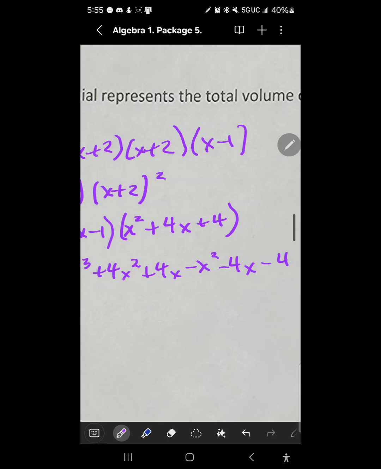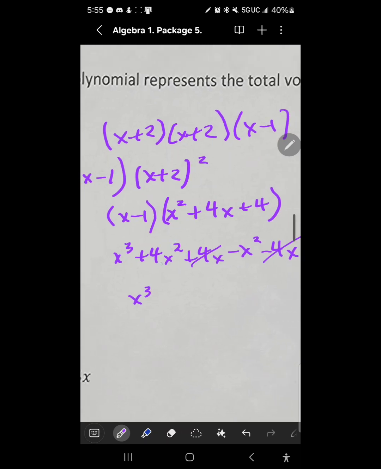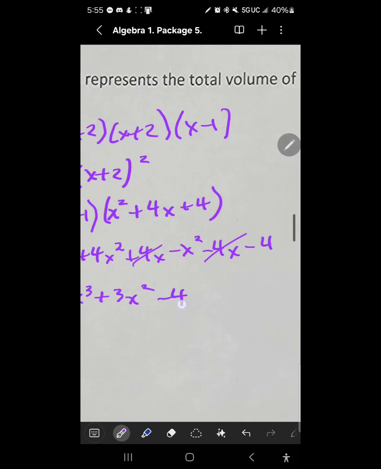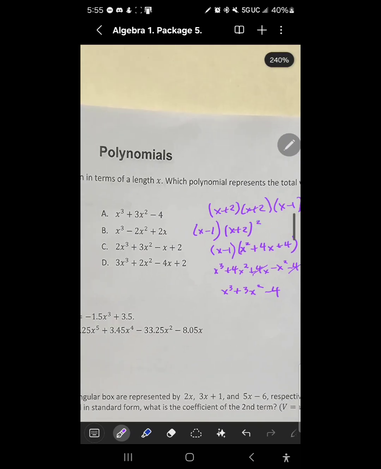So now the 4x terms just cancel out, and I have x cubed. I also have various x squared, so 4 minus 1 is going to be 3, so 3x squared, and we keep the last one, which is minus 4. And yep, A is the correct answer.